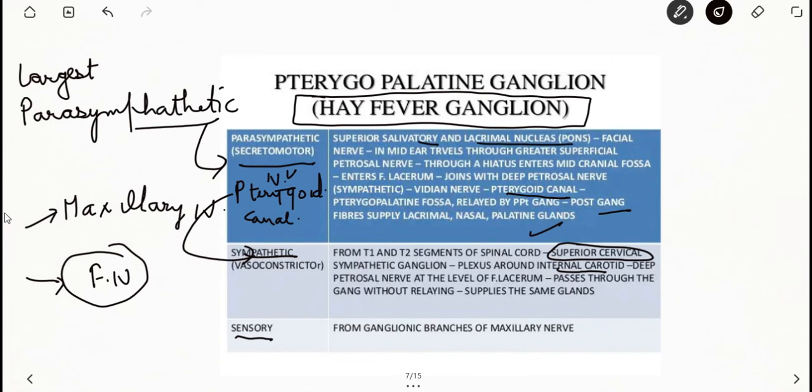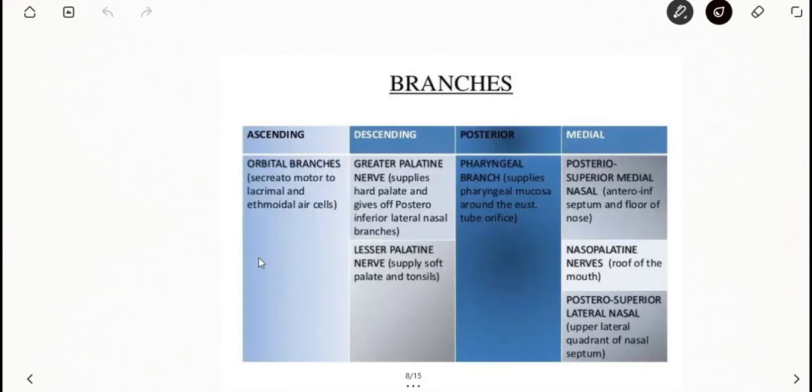So the fibers pass through the ganglion without relaying and supply the same glands. The sensory root comes from the maxillary nerve. Its fibers pass through the ganglion without any relay. So the branches of the ganglion are actually the branches of the maxillary nerve.